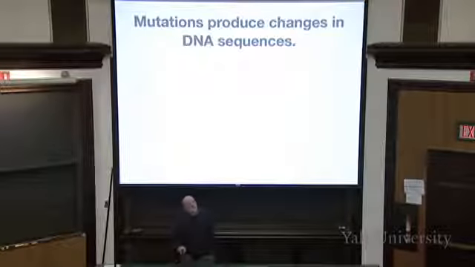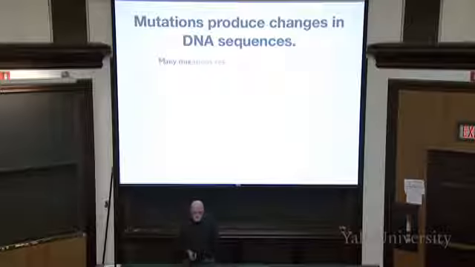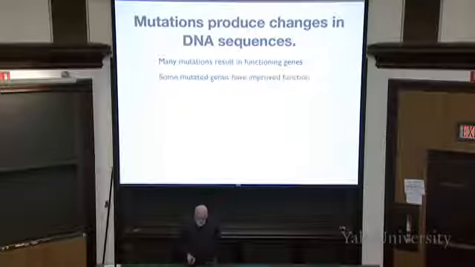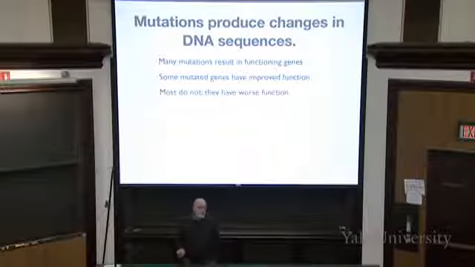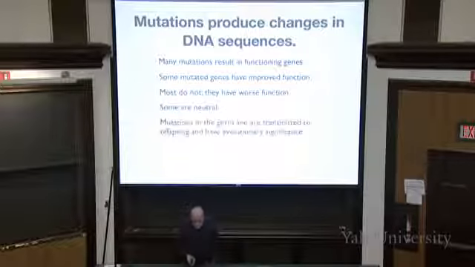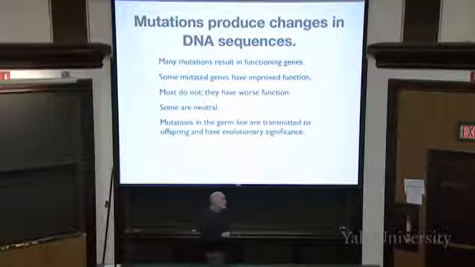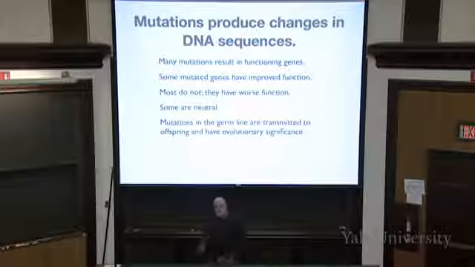Now, mutations are also going on in every generation, and they produce changes in DNA sequences. Some of them make genes that are functional. Some mutated genes have improved. Many don't. Many have worse function. A lot of them are neutral. And it's mutations that occur in the germline, that is, in the cells that will form eggs and sperm, that get transmitted to offspring.